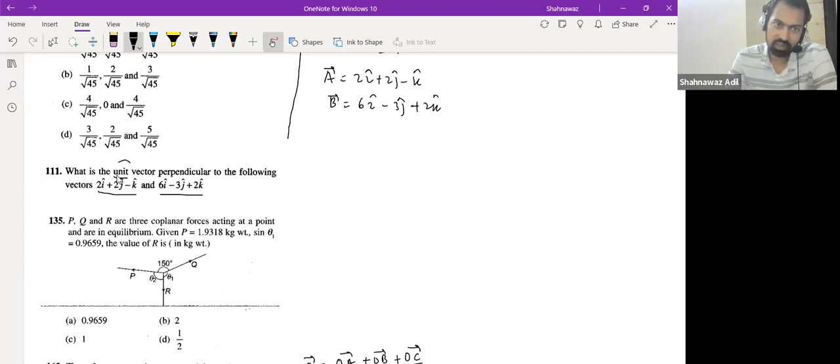First, let us forget this part. We want to calculate a vector perpendicular to this one and this one, right? So how do we calculate the vector which is perpendicular to both of these? How do we calculate that? A vector which is perpendicular to both.